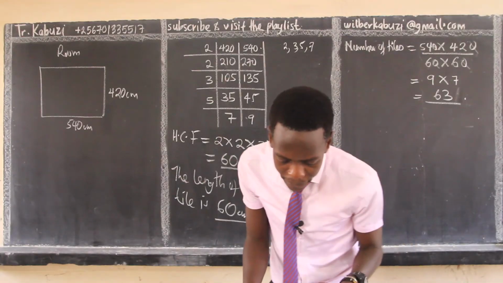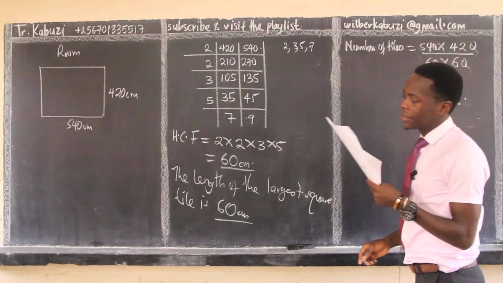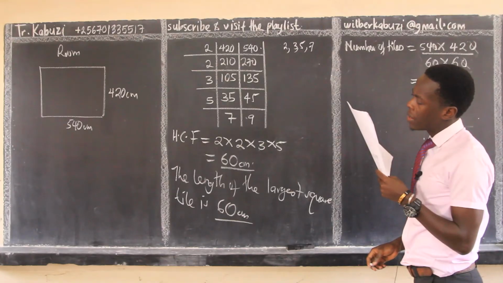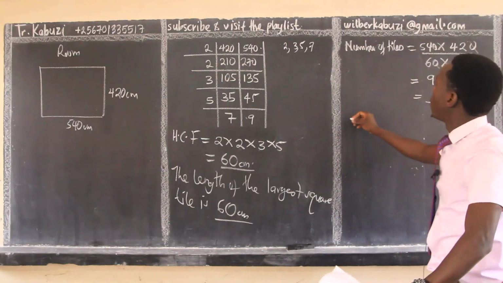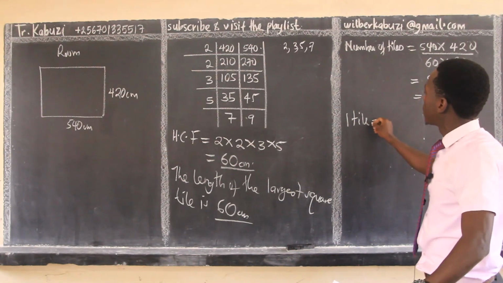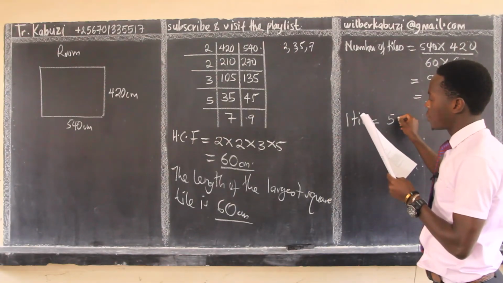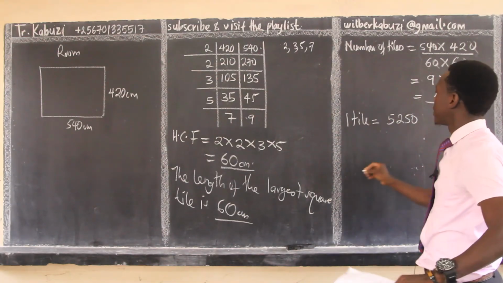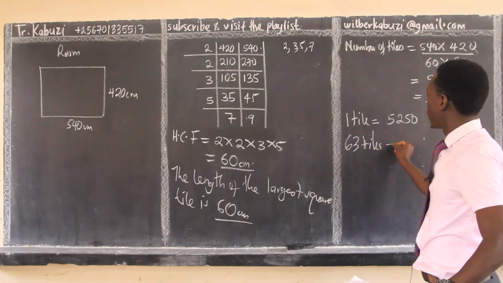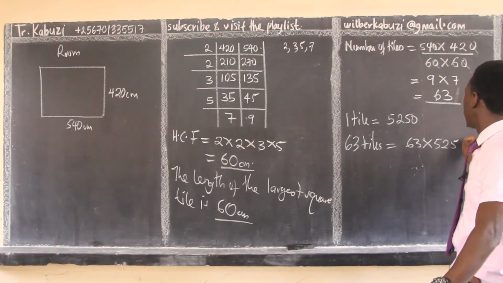Notice that the tile of X size costs 5,250. So one tile costs 5,250. What about the 63 tiles? It will be 63 times 5,250.